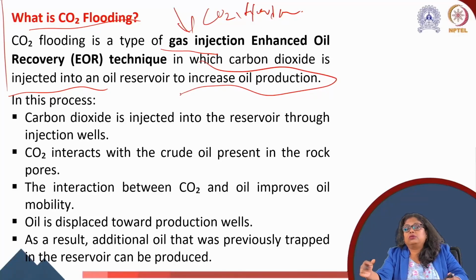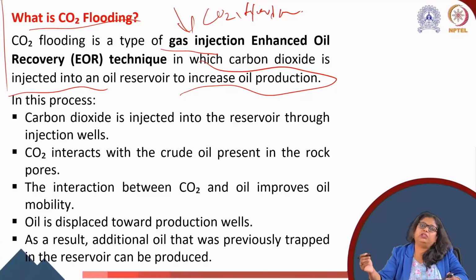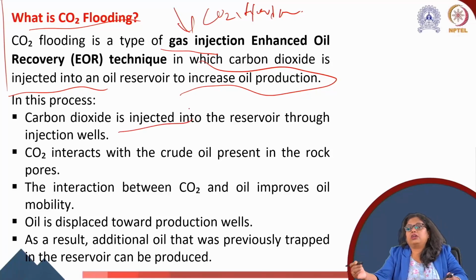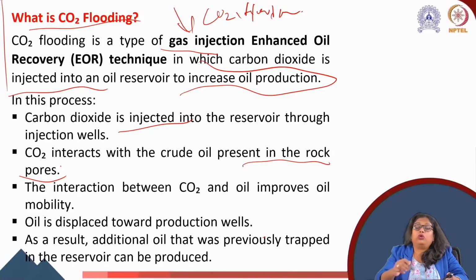So what is this whole process? First, carbon dioxide is injected into the subsurface through the injection well. Second, CO2 interacts with the crude oil present in the reservoir rock pores.